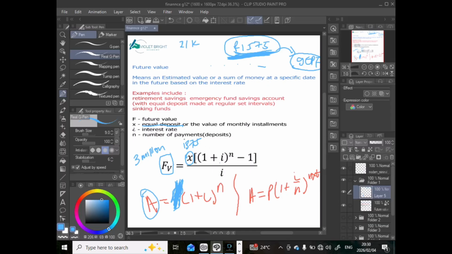And then we have I, which is the interest rate. And then we have N, which is the number of deposits. So N is a similar thing to here. If, for example, we have an interest rate of probably 10% compounded monthly, which means we will have 0.1 over 12.